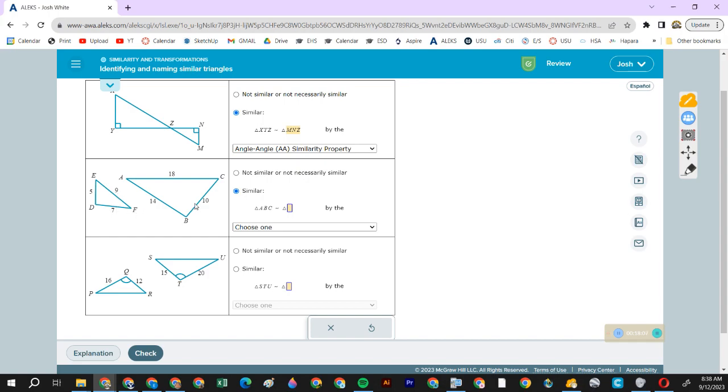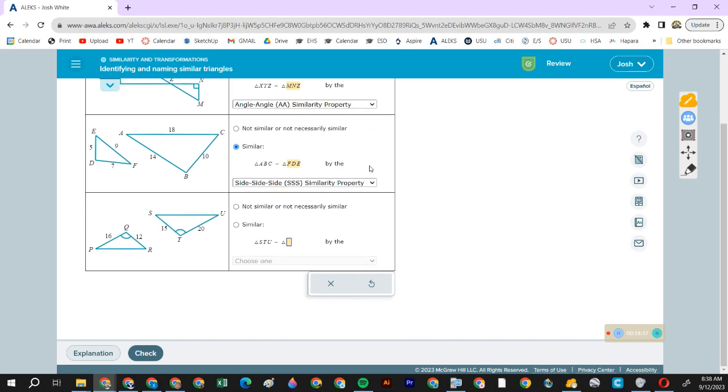So A lines up with F. B is between the short side and the middle side. So that would line up with D. And C is between the long side and the short side. So long side and short side would be E. Okay? And because all three sides are proportional, it would be side, side, side.